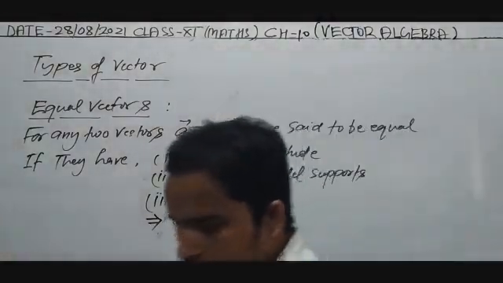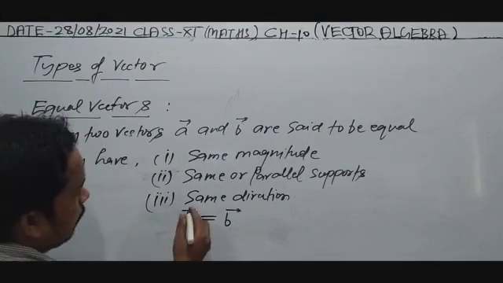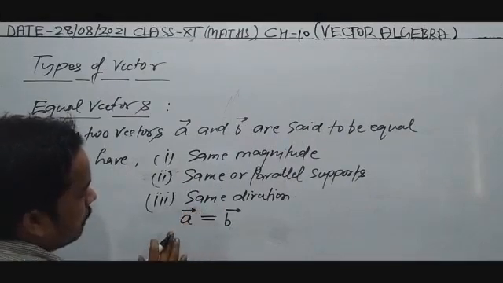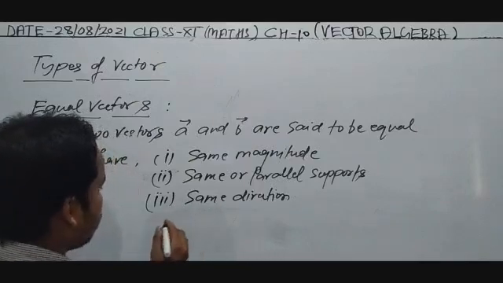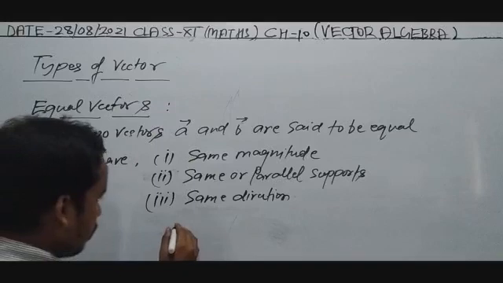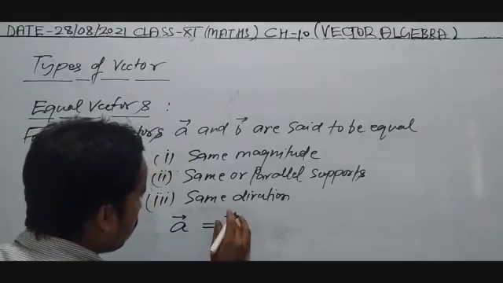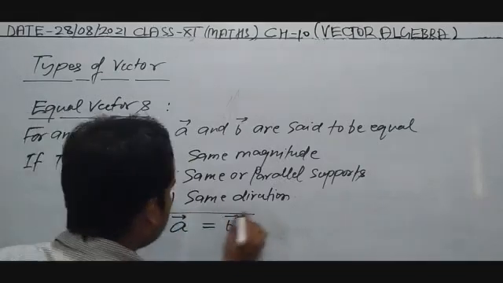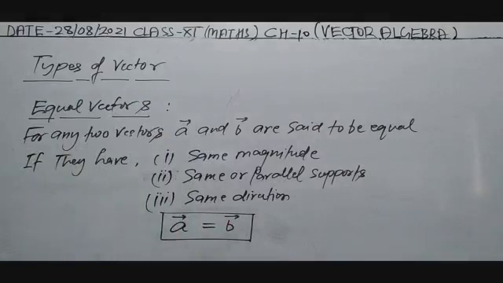Equal vectors can be represented by this symbol: vector A is equal to vector B. Now this part is completed. The types of vectors are totally completed.